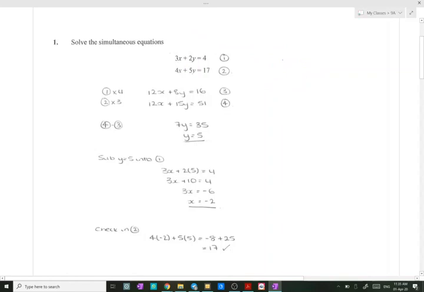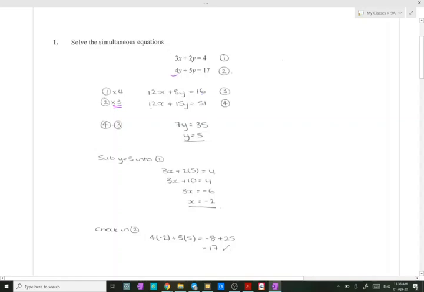Let me start working with it. I multiply the first equation by 4. So I get 12x plus 8y equals 16, because 4 times 3 is 12, 4 times 2 is 8, and 4 times 4 is 16. Then I multiply the second equation by 3 to also get 12.